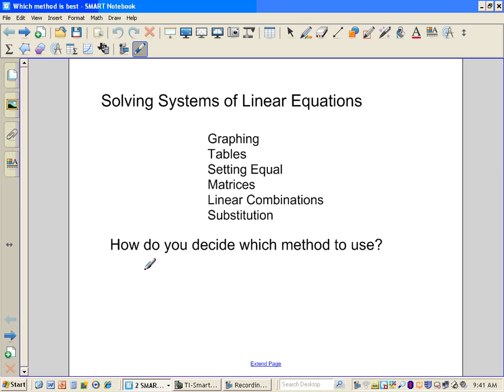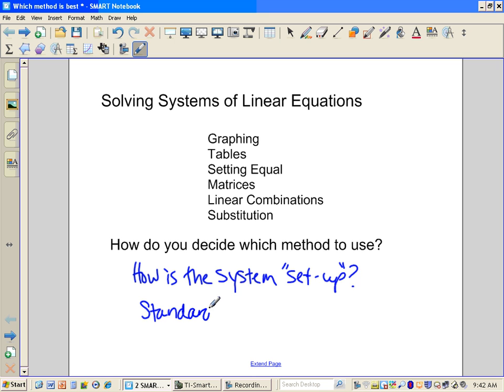And when you're trying to make that decision, what you want to think about is how is the system set up? What we mean by set up is, what do the equations look like? Are they in standard form, that ax plus by equals c?